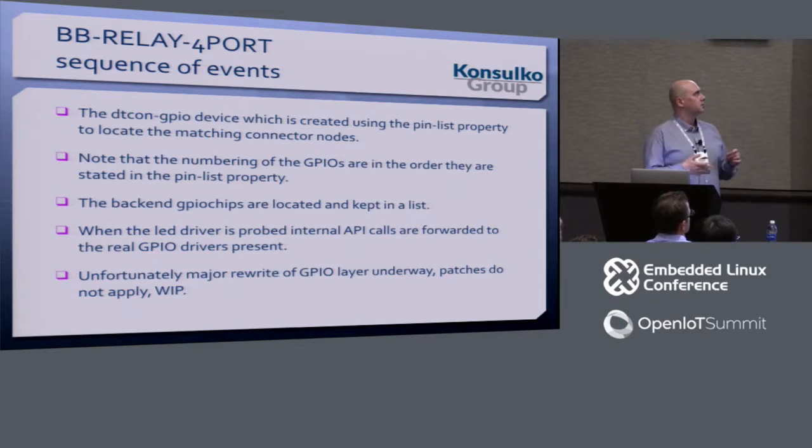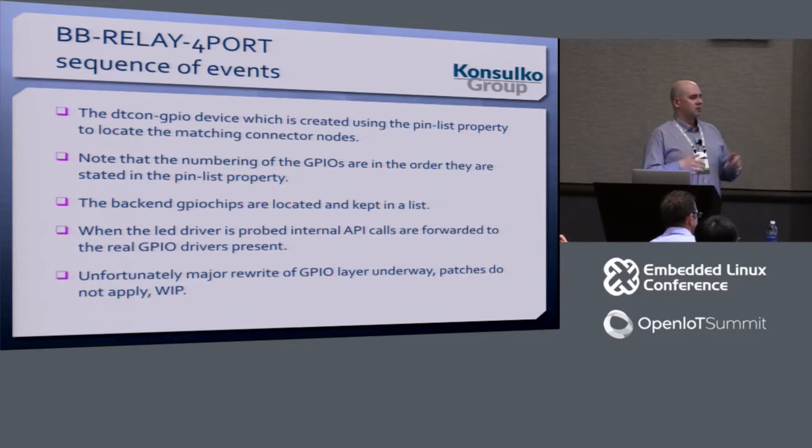The connector will create a DT-con GPIO device using the pin list in the device tree configuration. That means you have a GPIO chip with 4 GPIOs, in the ordering defined in the pin list property.